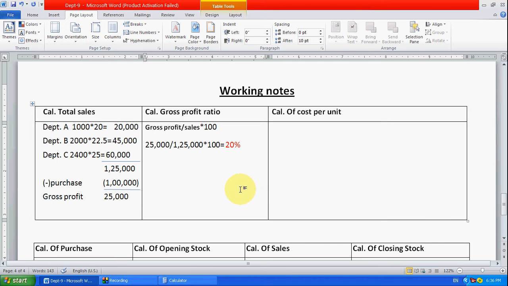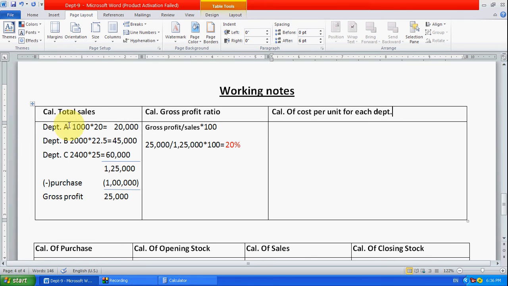Now by using this percentage we have to calculate the cost per unit for each department. Calculation of cost per unit for each department.